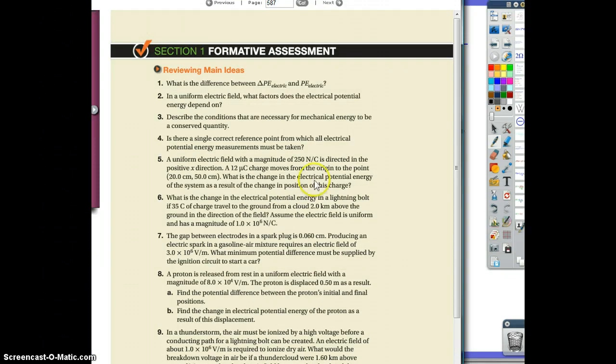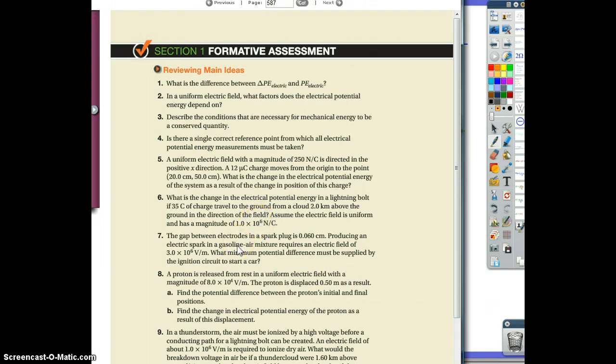What is the change in potential energy? And I think with field and charge and distance, you can do that. Number 6 was change in the electrical potential energy of a lightning bolt with charge, distance, and field. There's the information you need right there. You guys got to solve it.